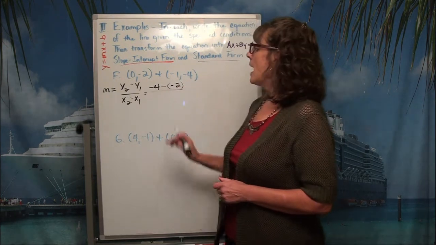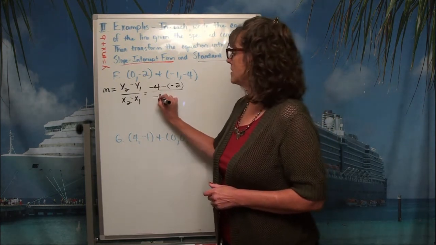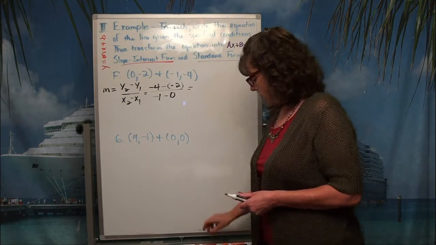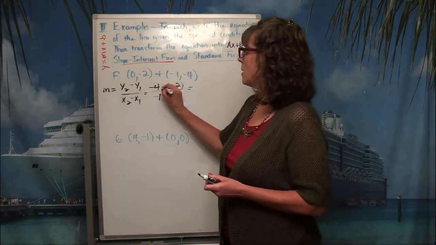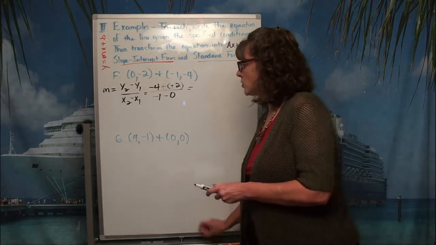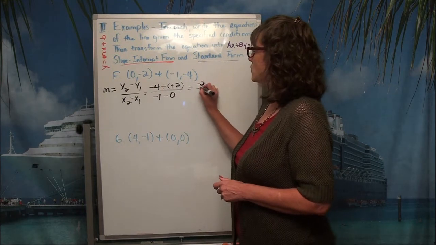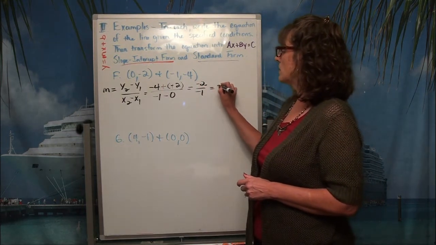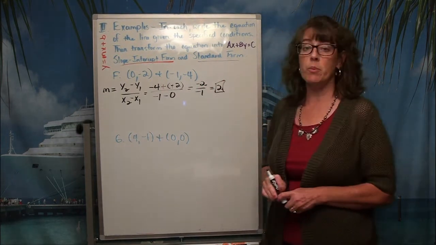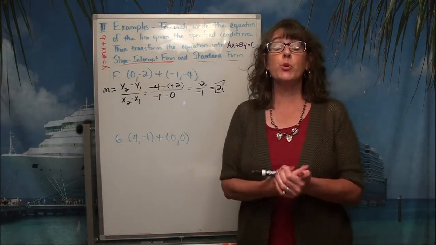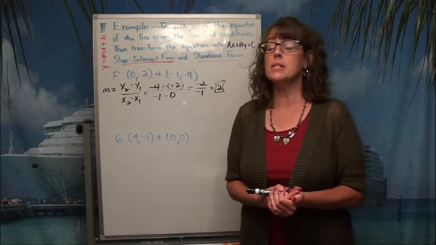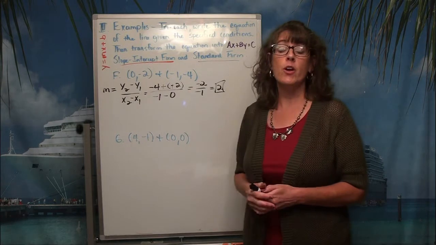There we go. And that means I have to go negative 1 minus a 0. Now, subtracting a negative is really adding a positive. Negative 4 plus 2 is a negative 2. Negative 2 over negative 1 is going to be a positive 2. There's my slope.